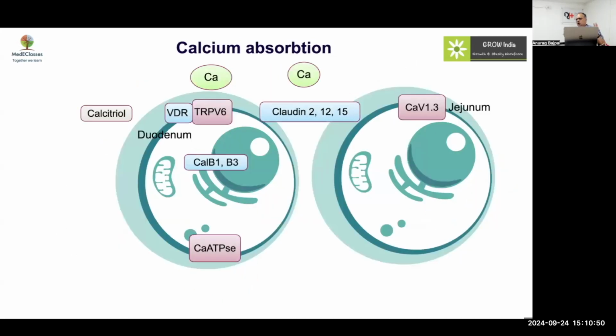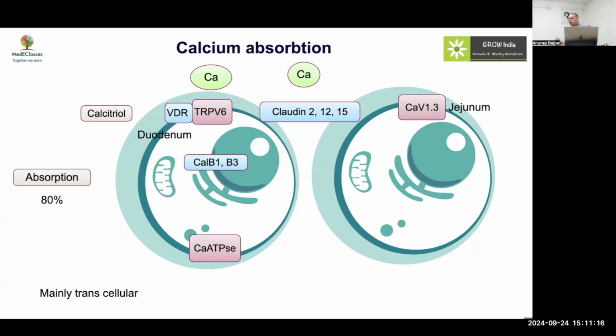We discussed a lot about how calcium is absorbed and regulated and how phosphorus is absorbed and regulated. A few relevant points from the perspective of the neonatal period. Calcium is regulated via either the transcellular pathway, which involves TRPV6 and is regulated via calcitriol, and we know that a lot of absorption happens in the newborn period.